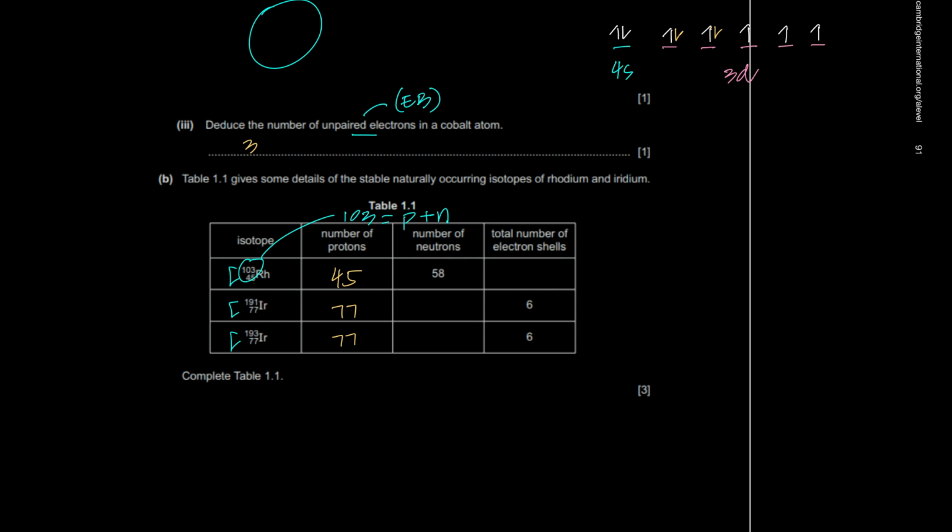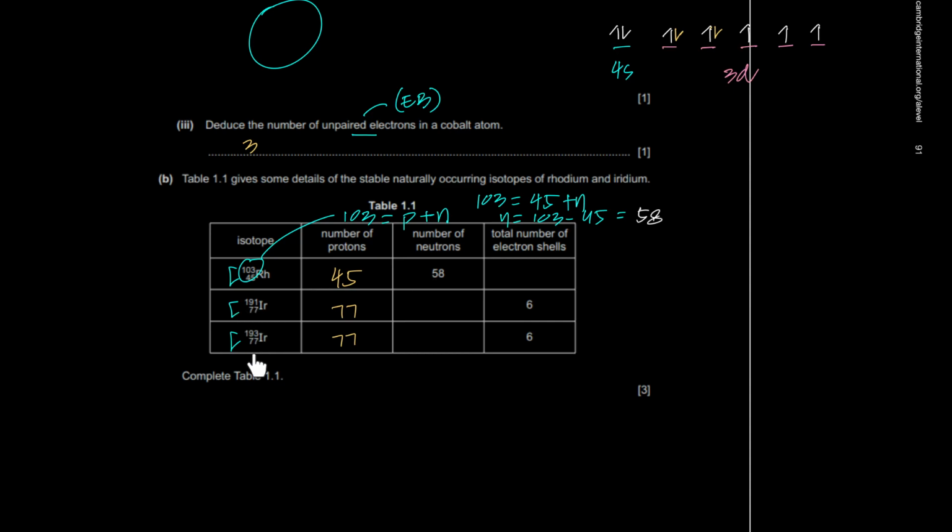So it's just a mathematical equation. What do you get? 103 equals 45 plus n. That is the reason why we subtract the two values. So 103 minus 45, what do we get? We just subtracted 45 on both sides. And so after using my calculator, I get 103 minus 45 equals 58, right? And that's written right here.